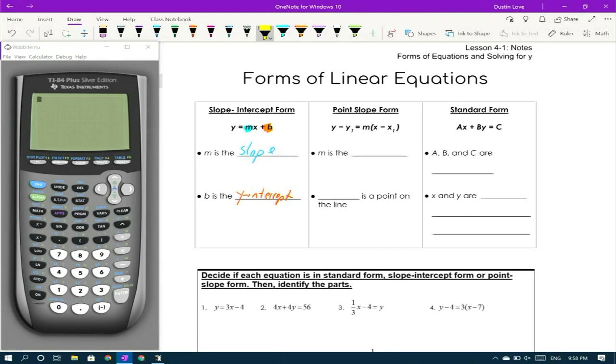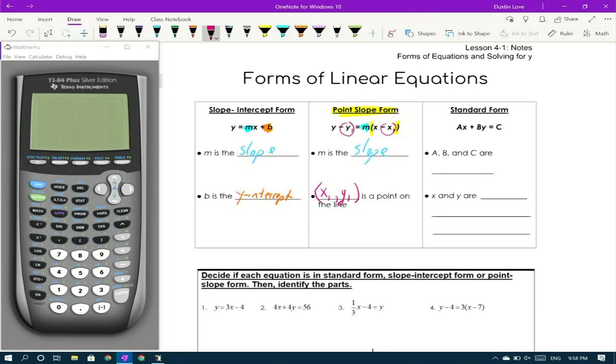Now, we've also got another format called point slope. Point slope is very distinguishable because it's got these parentheses in it. So if you ever see those parentheses like that, you're looking at point slope. Now, just like before, m, this value here, is the slope, just like it was in the previous format. In this particular case, we don't have a y-intercept, but we do have another point that's labeled as x1, y1, and that's where this x1 and this y1 come in.